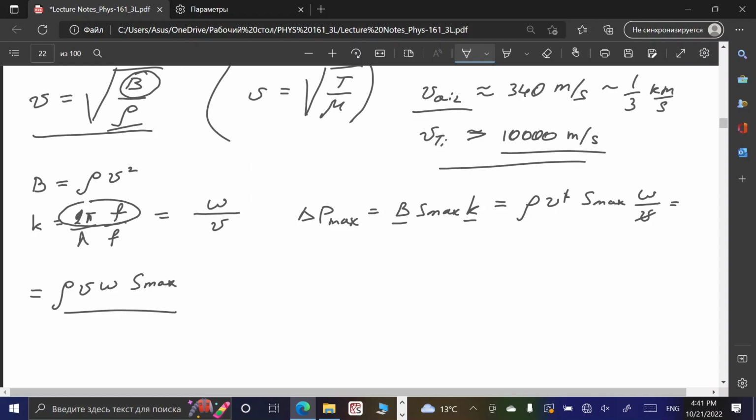Then we considered the interference of two waves which possess the same frequency and the same amplitudes. We figured out that after superposition, we get a resultant wave where the amplitude will be phase dependent.